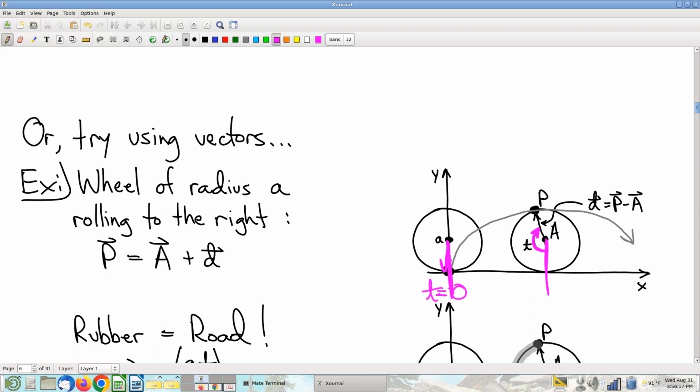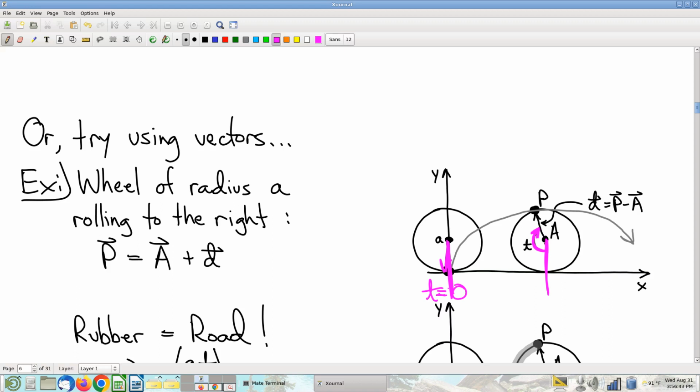It's not required, but it's nice. It's intuitive. The other thing I like about it, one last thing before we go on. This angle T, as I have it described here, note the picture. As the wheel rolls, T is increasing. That's good. As time passes, I want the wheel to be rolling the correct direction.